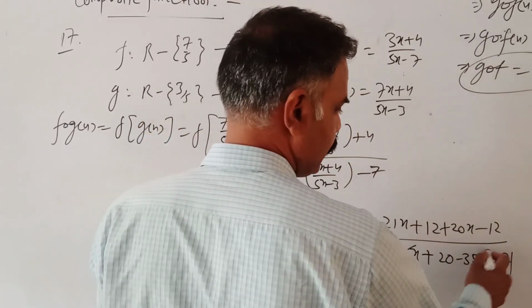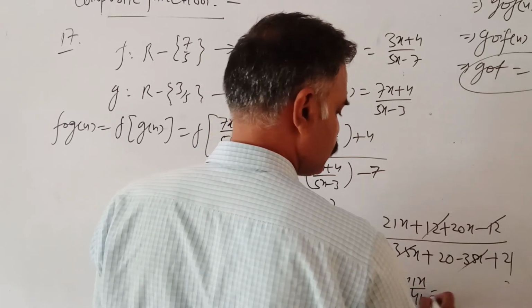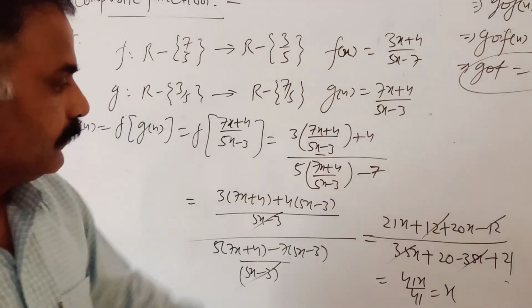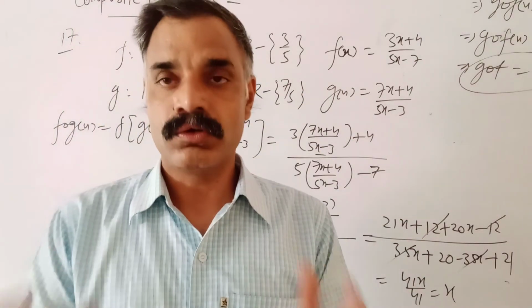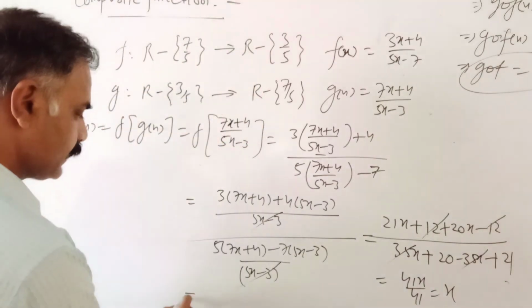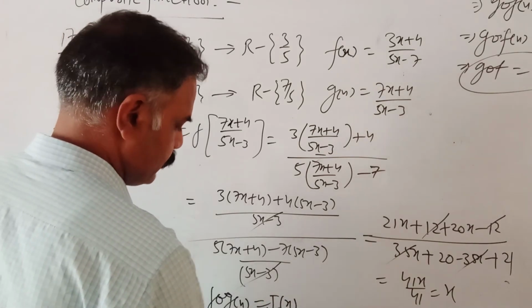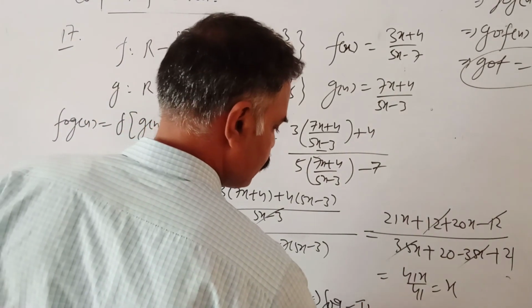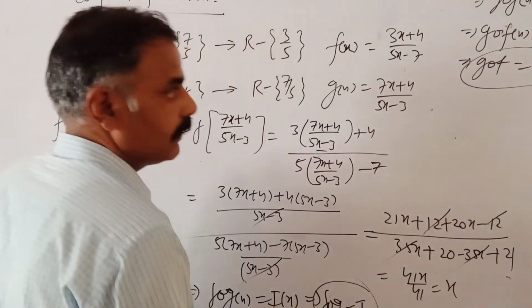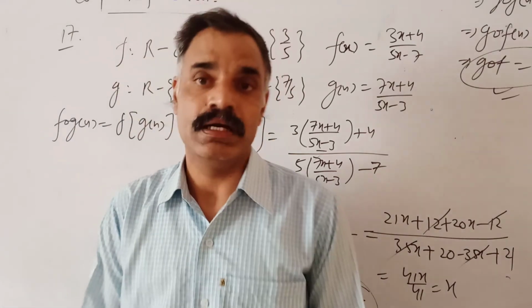So 35x cancels 35x, 12 cancels 12, and 41x upon 41 is equal to x. So fog of x is also equal to x, or we can say fog is equal to identity. GOF is also equal to identity, and fog is also equal to identity.